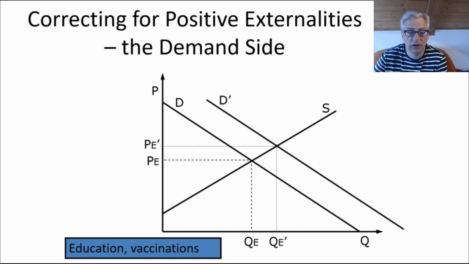As you can see, whether we subsidize the demand side or the supply side, both would lead to greater quantities. The difference between those two ways of subsidizing is the influence on prices. When we subsidize demand, prices would grow. When we subsidize supply, prices would fall.